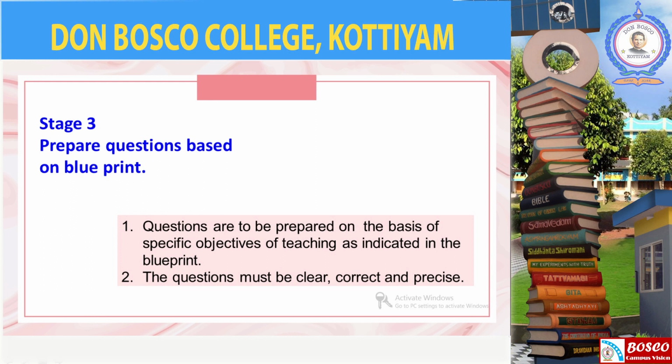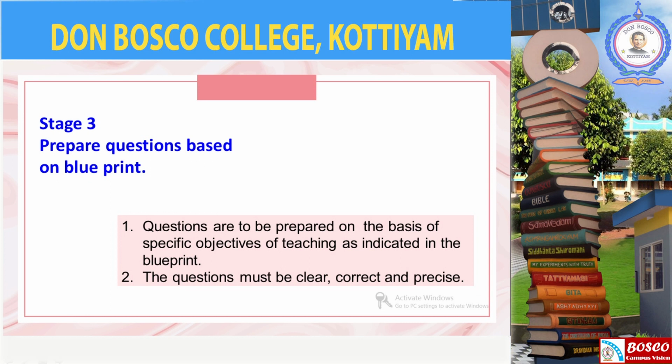The third stage of question paper designing is preparation of questions based on blueprint. Okay, so when your blueprint is ready, prepare the questions based on the specific objectives of teaching as indicated in the blueprint. So here in the given example, I made 2 essay questions.